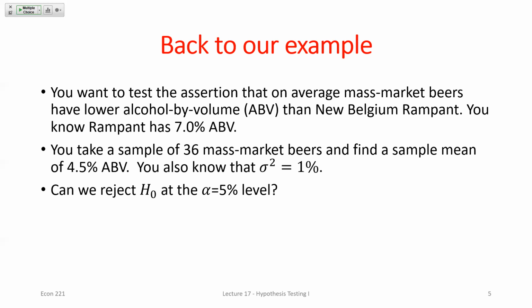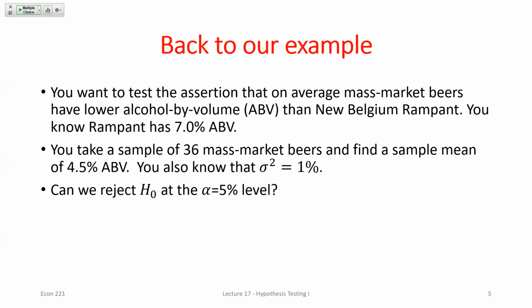To turn any sample mean value into a z value, we took that sample mean, subtracted the true population mean, and divided by the standard deviation of that sample mean. We knew the standard deviation of that sample mean was the square root of the population variance of the data we sampled from over our sample size. So the only thing that changes with hypothesis testing is we don't know that true population mean, but we have an assumed true value for it.